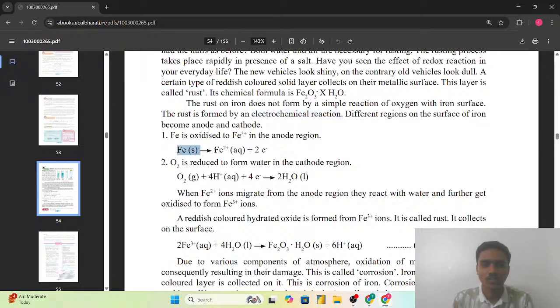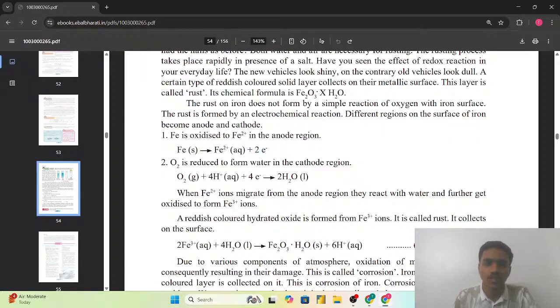So Fe, which is in the solid state, leads to the formation of Fe2+ ion in the aqueous solution by losing two electrons. तो यहाँ पर इलेक्ट्रॉन्स दिए जा रहे हैं, so that's why iron is getting oxidized here.